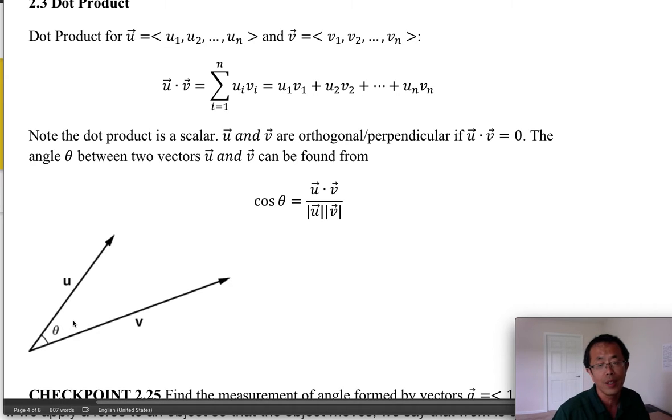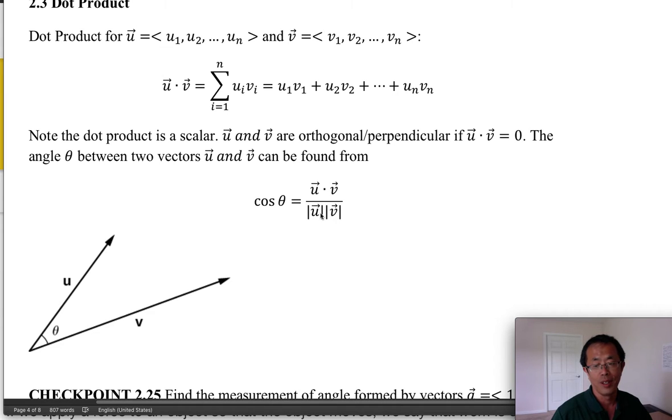So how do we find that particular angle? The angle can be found using the dot product. Specifically, the angle will have to satisfy this equation: cosine theta is u dot v divided by the norm of u times the norm of v.